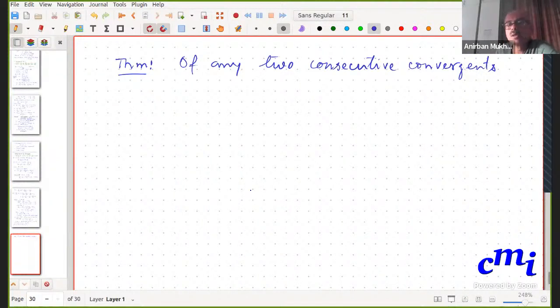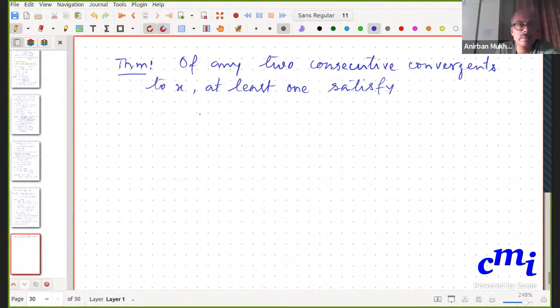If you take any two consecutive convergents of x, then of any two, at least one satisfies it. So at least one comes very close. So what do I mean by that? That x minus p by q is less than 1 over 2q square. So at least one is this close.